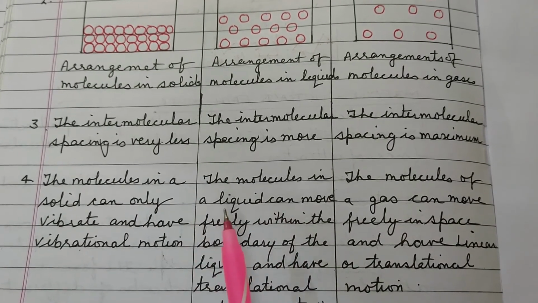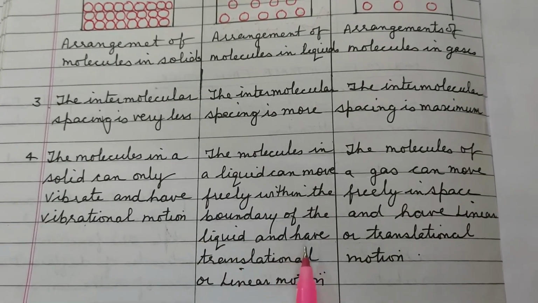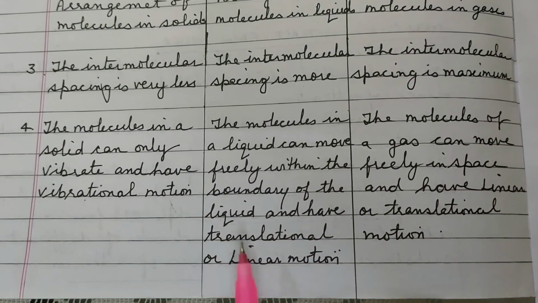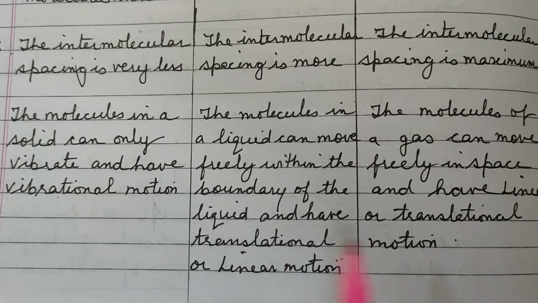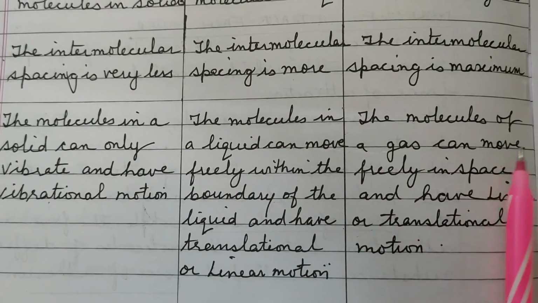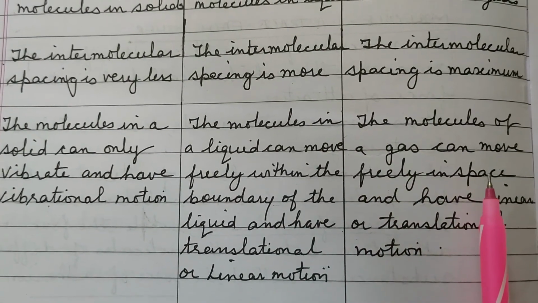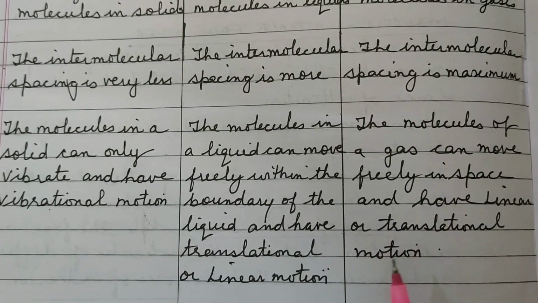They can move within the boundary anywhere, and as a result, they have translational or linear motion. In the same manner, the molecules of a gas can also move freely in space, and they also have linear or translational motion.